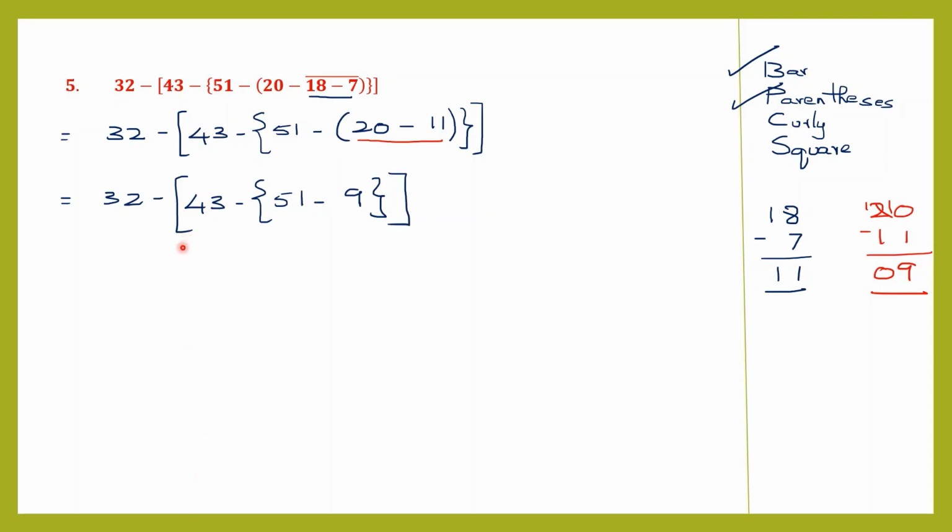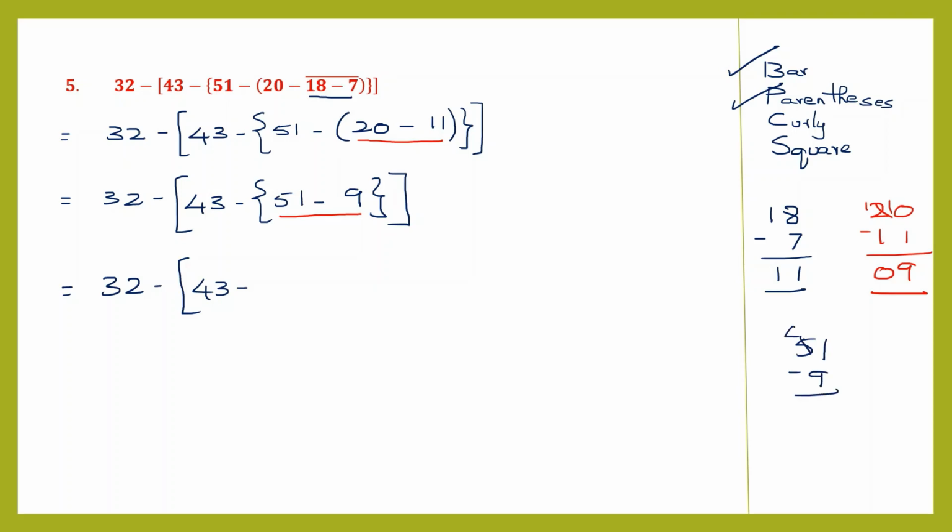Now we have the square bracket and the curly bracket. What is the order? Curly bracket has to be done before the square bracket. So let's work out what's inside the curly bracket. Let's write out everything else as it is. 32 minus, the square bracket remains, 43 minus, now we're going to open the curly bracket, that is 51 minus 9.